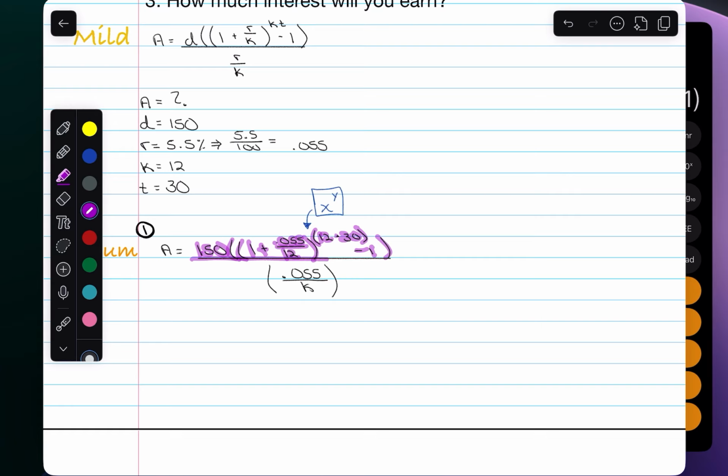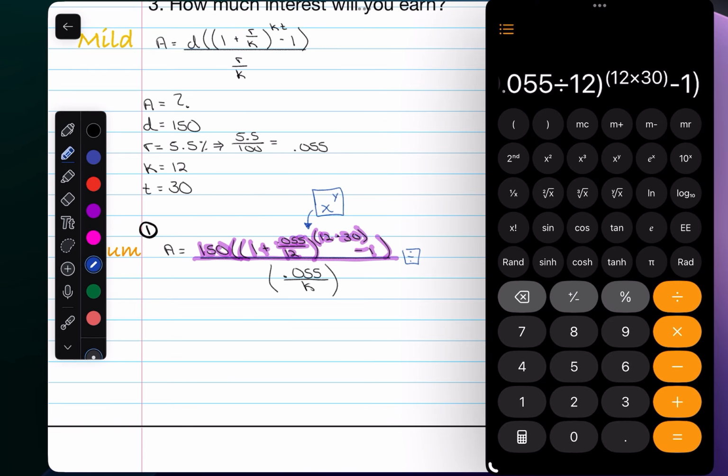Now I've got this fraction bar that I need to put in. That is just the division button on your calculator. So I'm going to do divided by. I have to open up another parenthesis, and then I'm going to do 0.055, and it looks like I did K, but I didn't put the number, but we know it's 12 from earlier. And then close parenthesis.